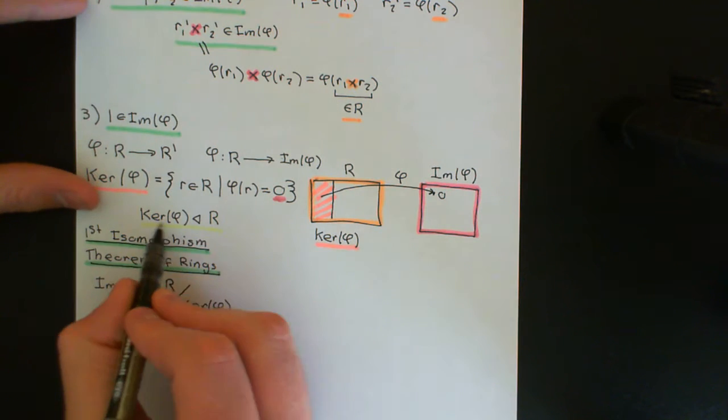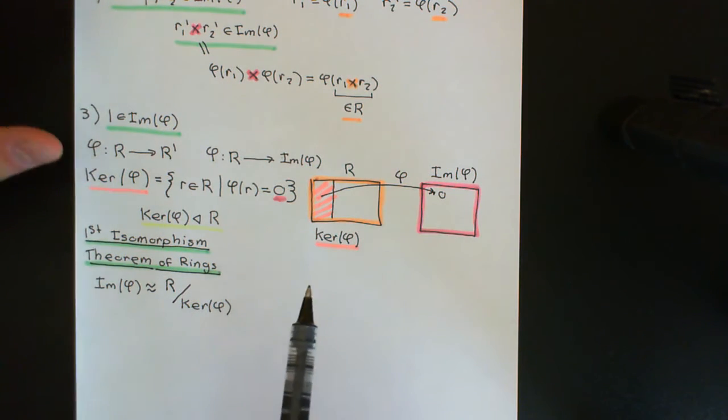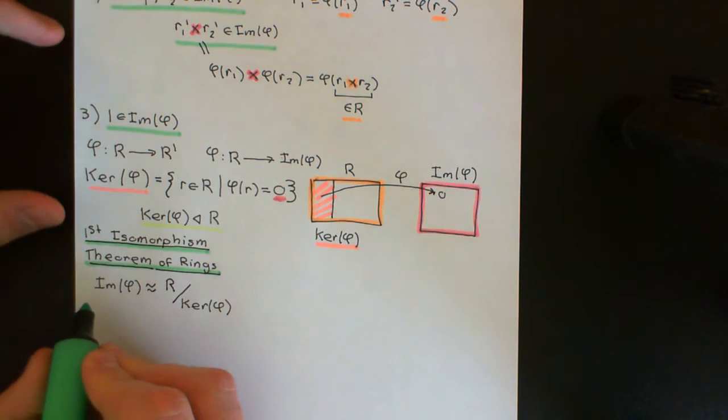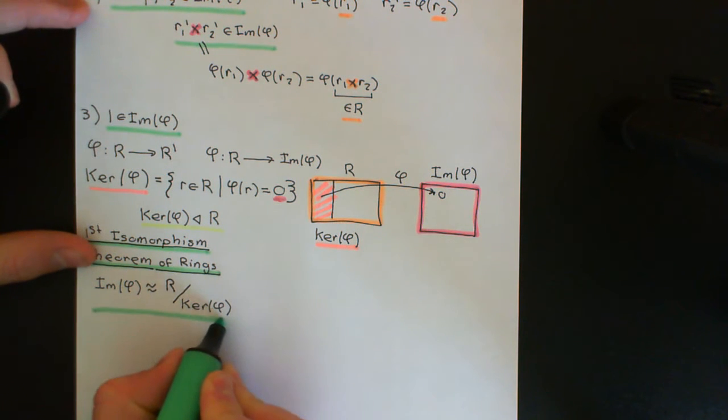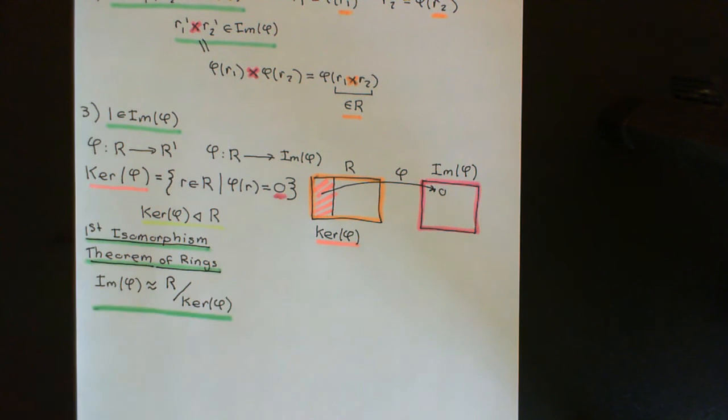I've said that this is an ideal, so we can use it to quotient out the domain ring. What this theorem says is that if you construct the quotient ring of the domain ring by the kernel of the ring homomorphism, you will get an algebraic structure which is the same as the image of the homomorphism, up to the fact that you're using different symbols to denote the elements.